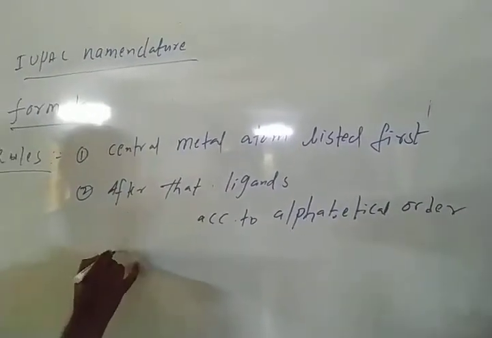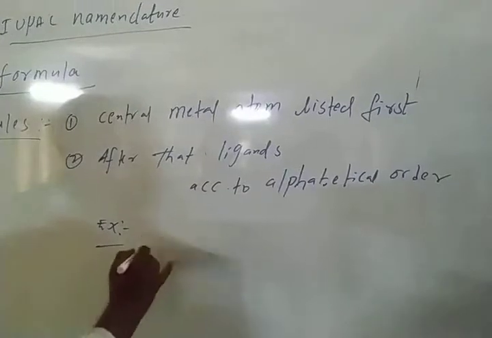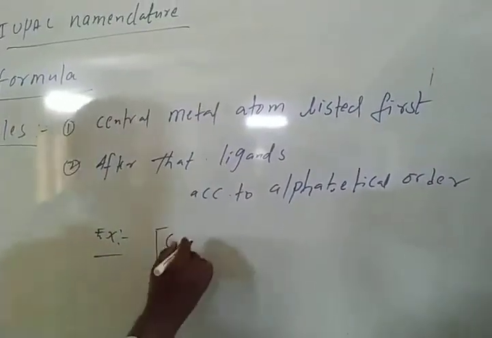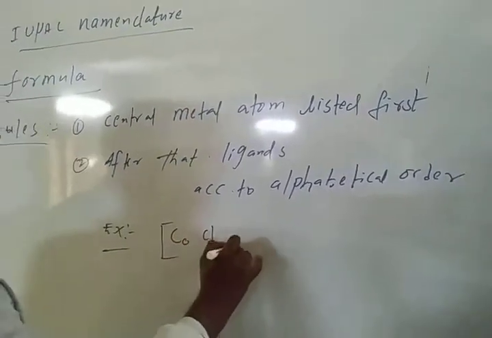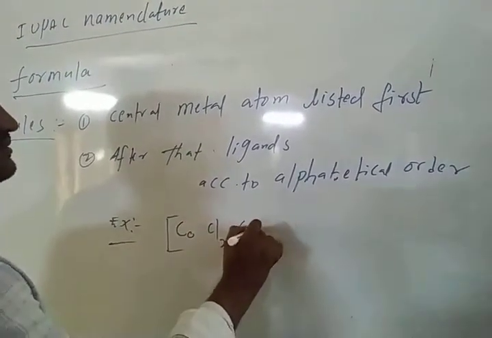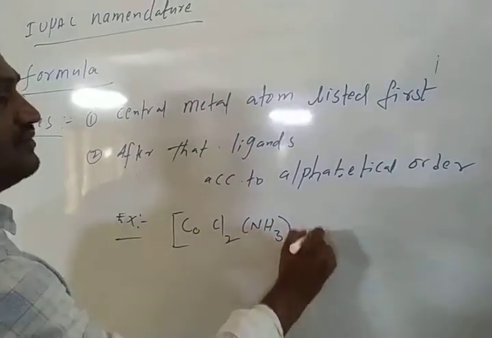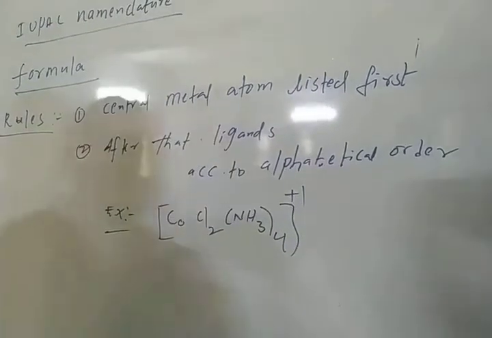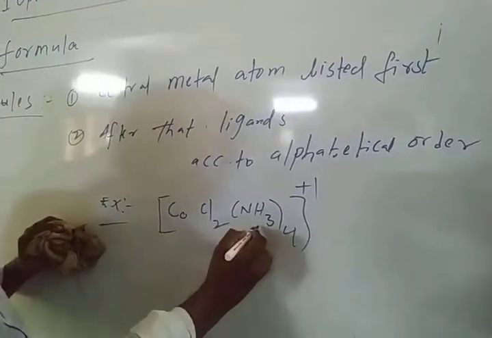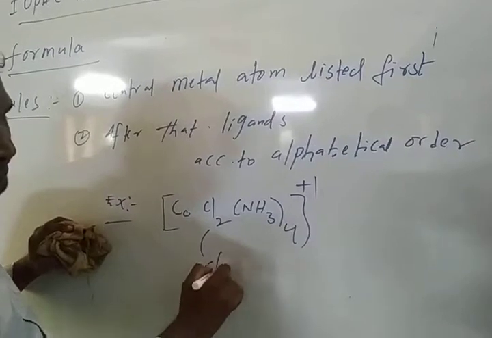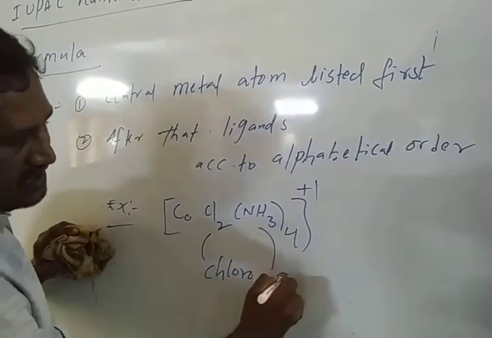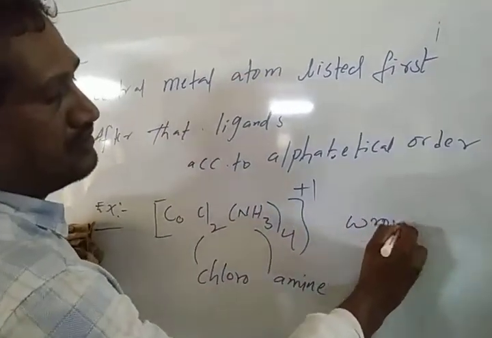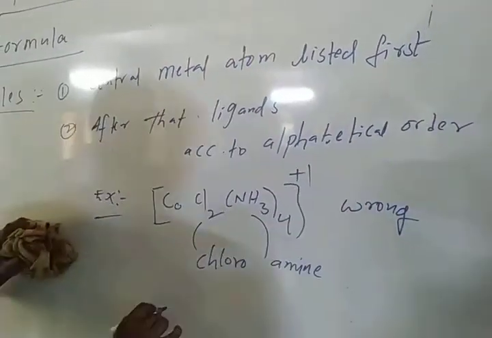Okay, now an example. For example, the compound here, Cl2 NH3 4. This is a complex. For this complex, this is the chloro ligand, this is the amine ligand. So this is wrong. So what is correct?